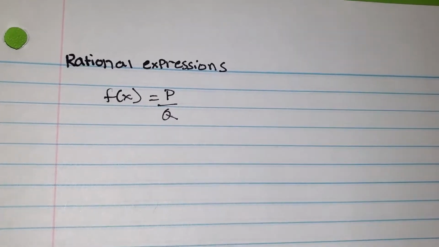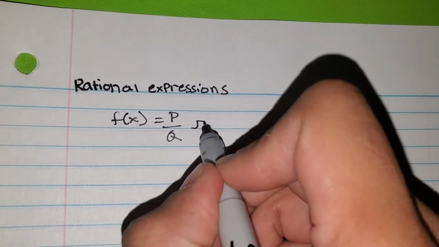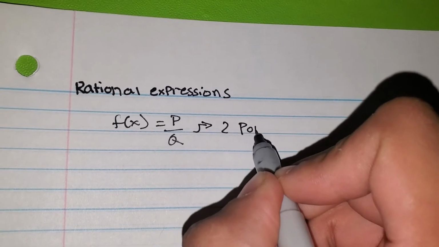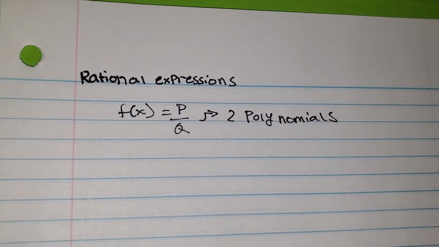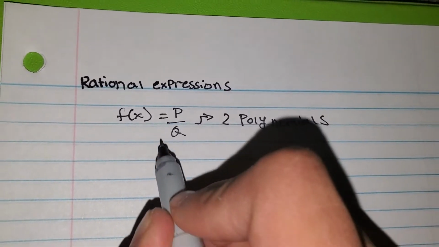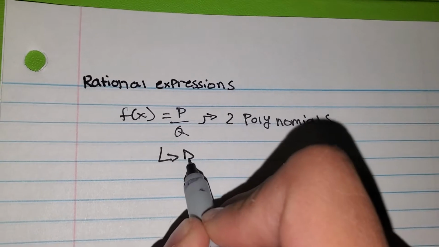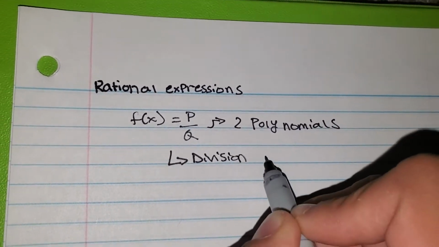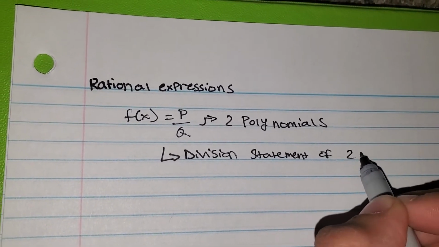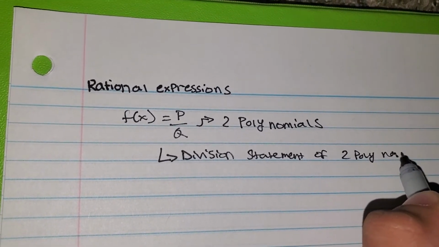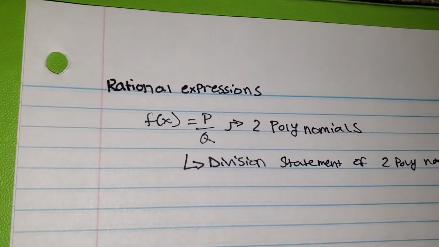So in a previous video, we said a rational function is in the form f of x equals p over q, where p and q are two polynomials. So pretty much this is a division of two polynomials.